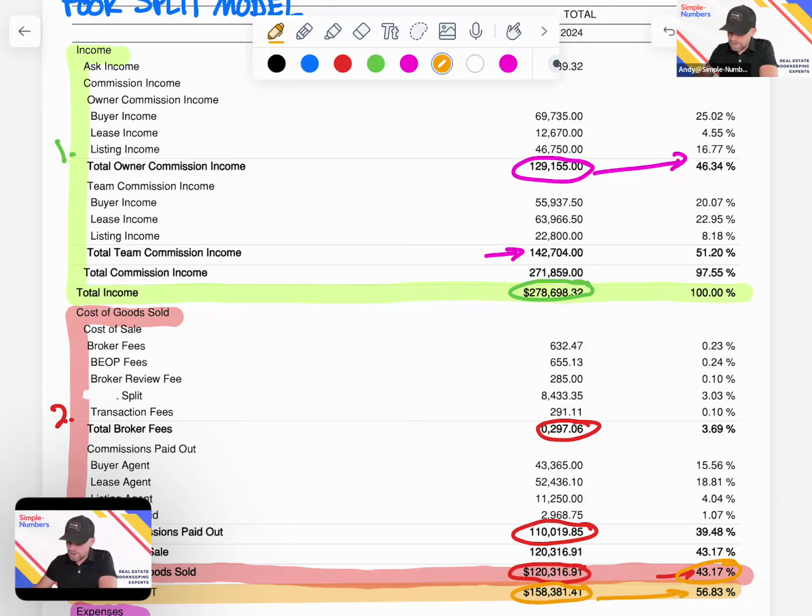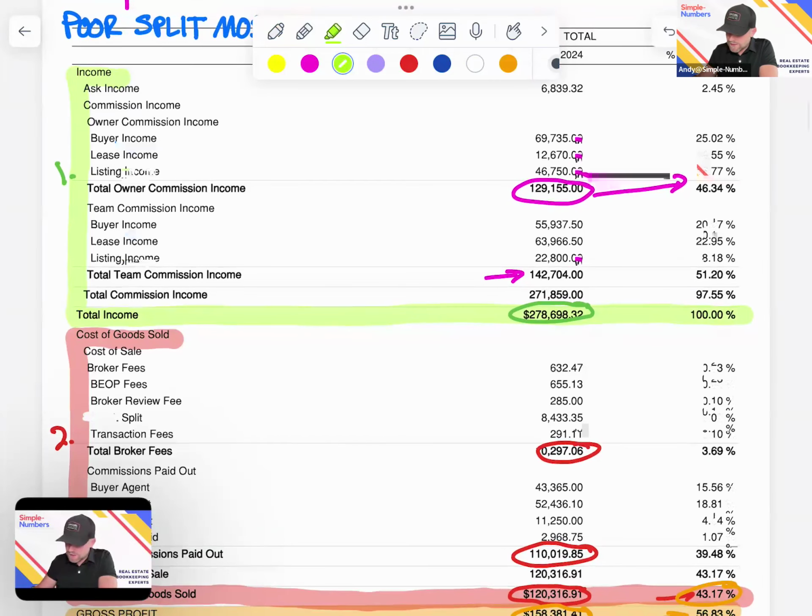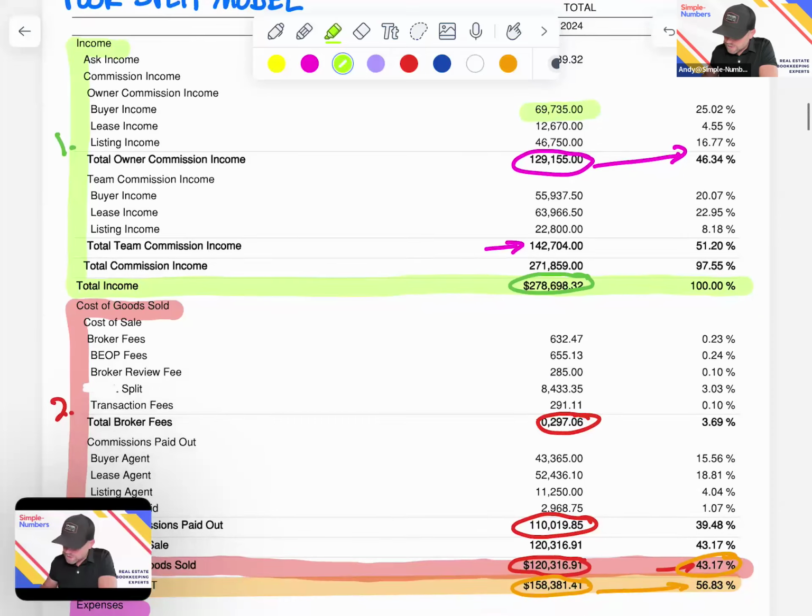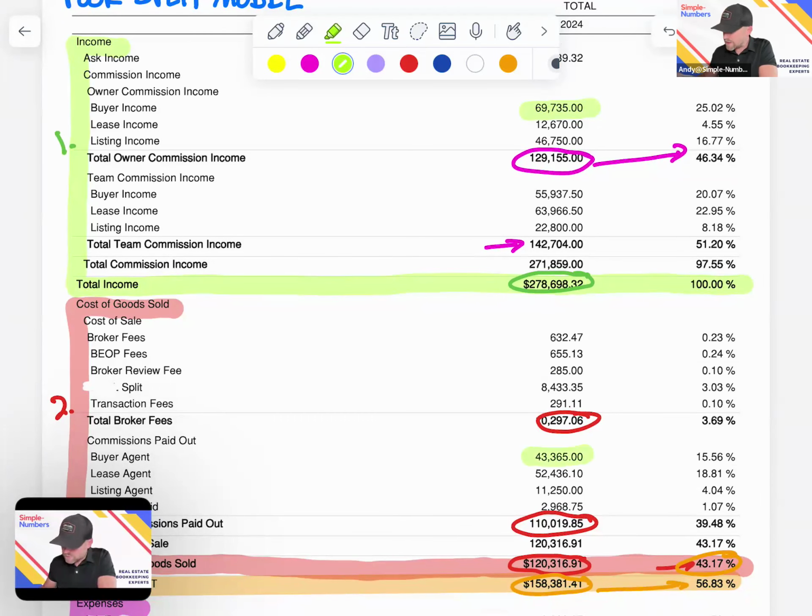Let me show you the income. Let's just look at the buy side first. The buy side income was $69,000. The buy side cost of goods sold was $43,000. So if we take $43,000 and divide that by the $69,000, that's going to give us our buyer cost of goods sold.